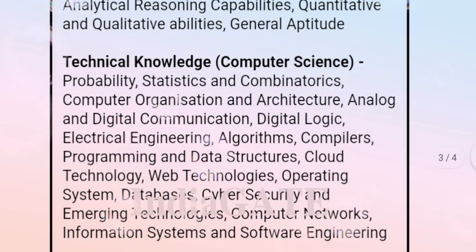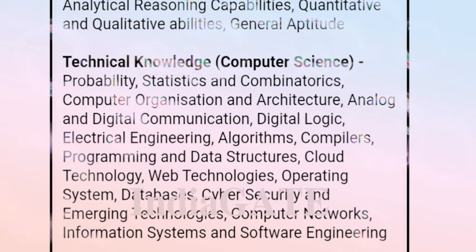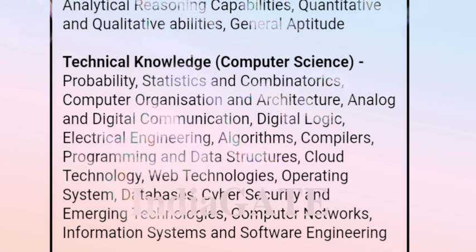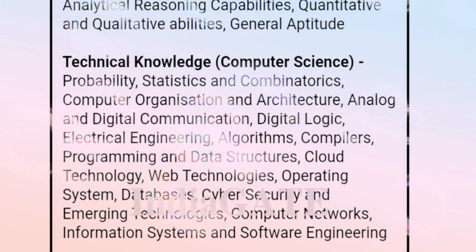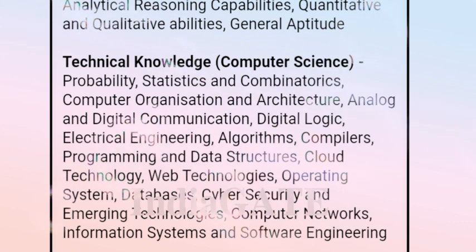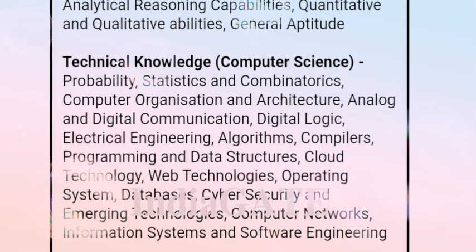Now come to the technical knowledge, which is related to computer science, and the subparts are probability, statistics and combinatorics, computer organization and architecture, analog and digital communication, digital logic, electrical engineering, algorithms, compilers, programming and data structures, cloud technologies, web technologies, operating system, database, cybersecurity and emerging technologies, computer network, information systems and software engineering.